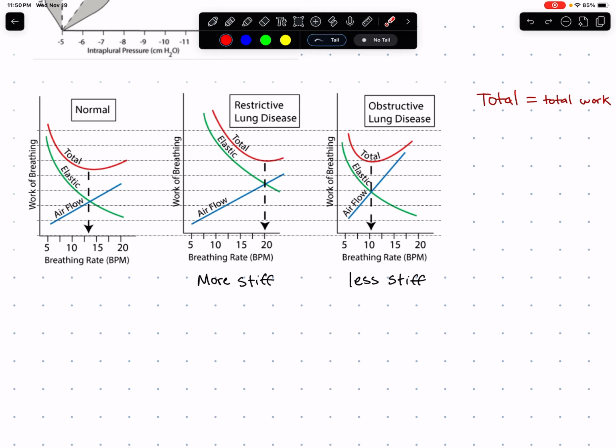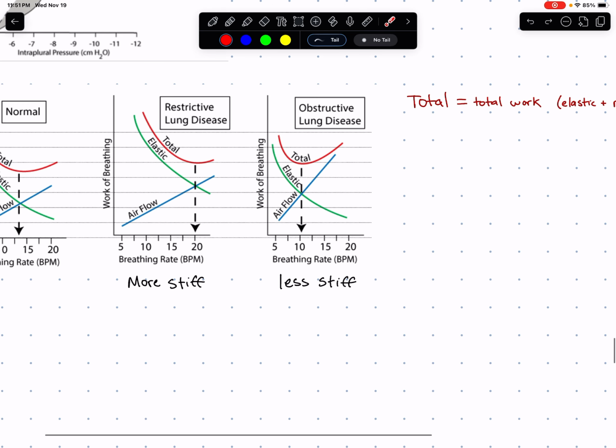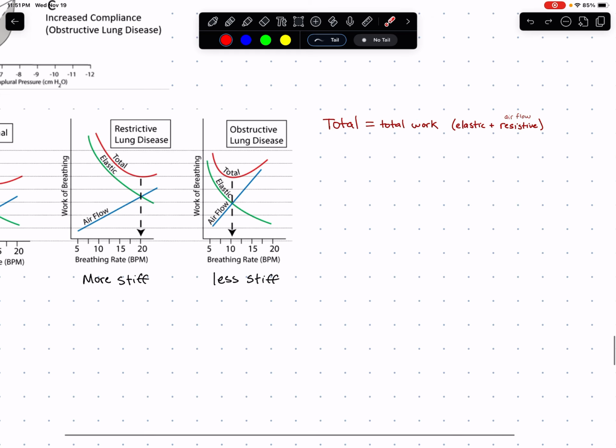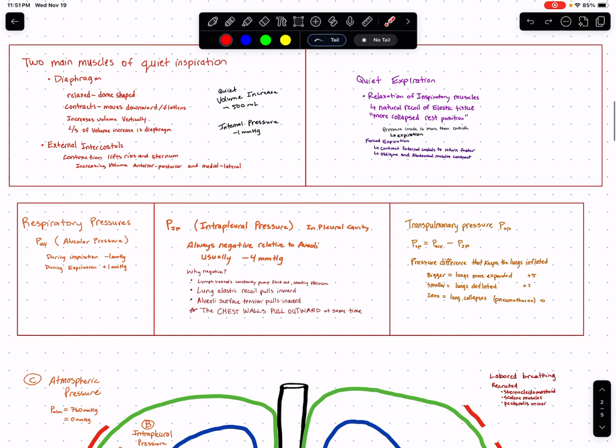So breathing, you can see, is on this line. And with breathing rate, when you're more stiff, look how much more elasticity, how much more work you have to do to fill those lungs. Versus this one, your lungs have to do a lot more work, but in a different capacity. As in, it's got to push it, not as fast, so it's a lot more on the elastic. But this one's a lot faster. That's why our work is so much higher here. So anyways, that is the pulmonary system.